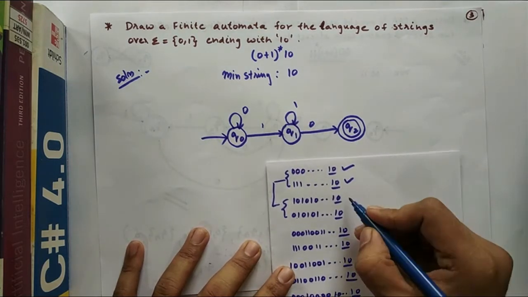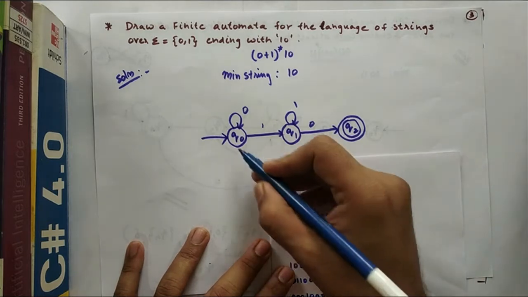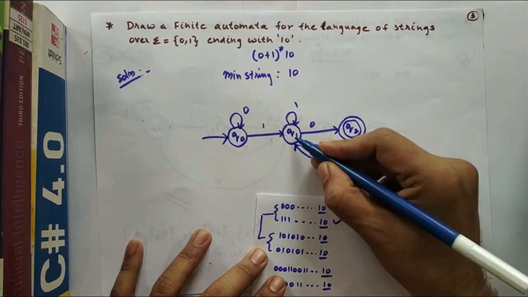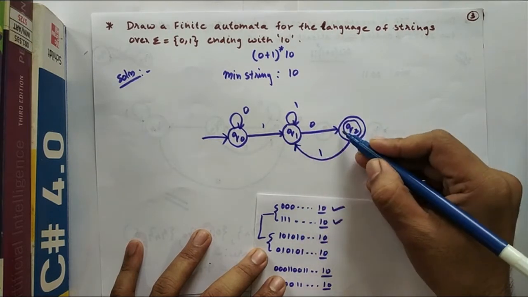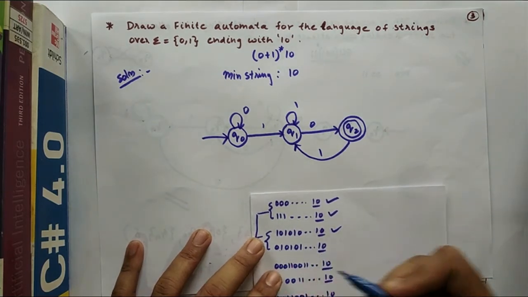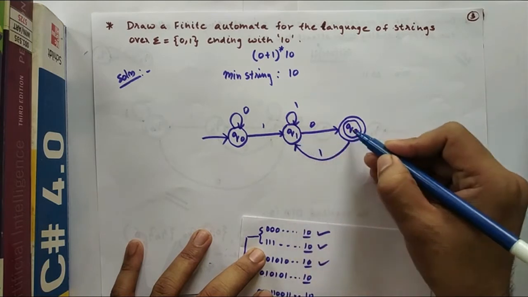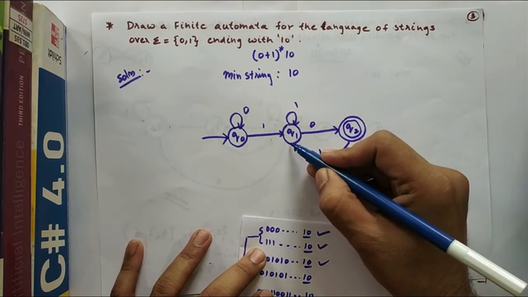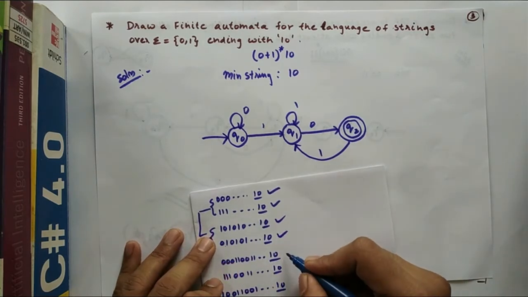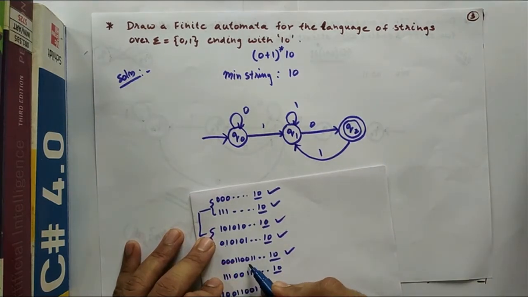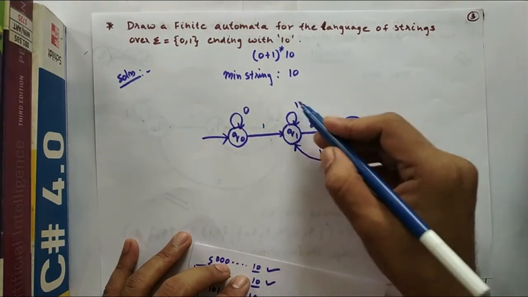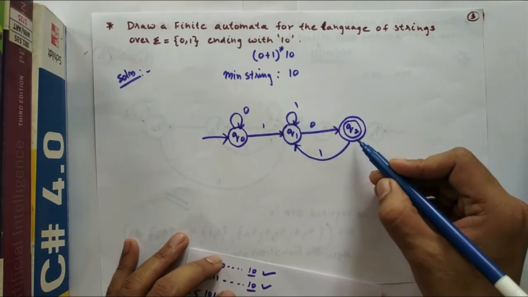Then let's check 1 0 1 0 1 0, then you can just say 1 0 1 0 1 0, accepted. Now 0 1 0 1 0 1 but ending with 1 0, accepted. Then some zeros, some ones, some zeros, some ones and ending with 1 0. Now some zeros you want, right?